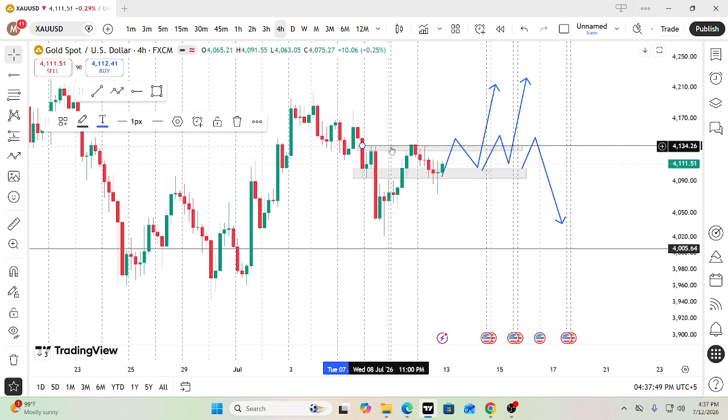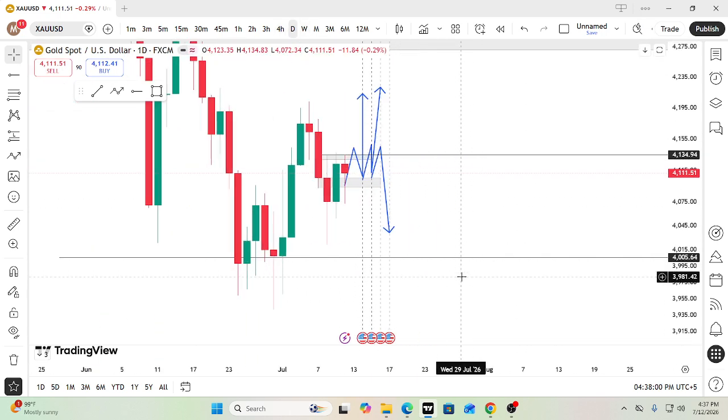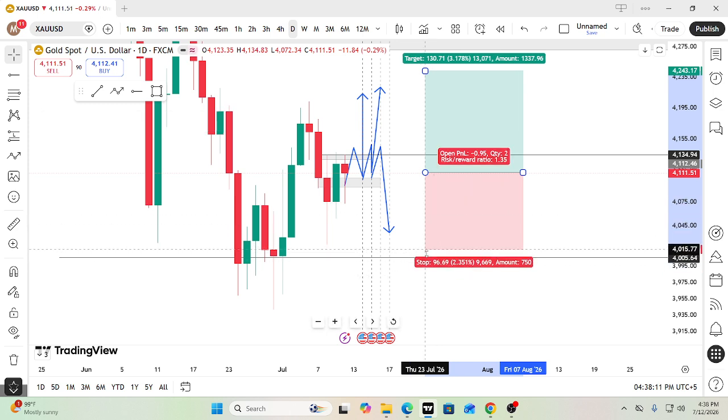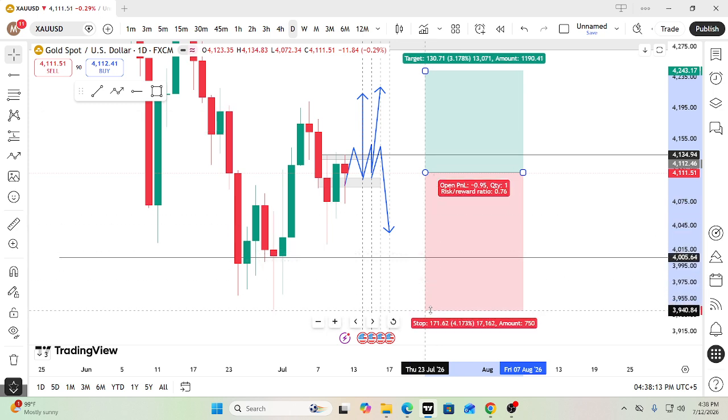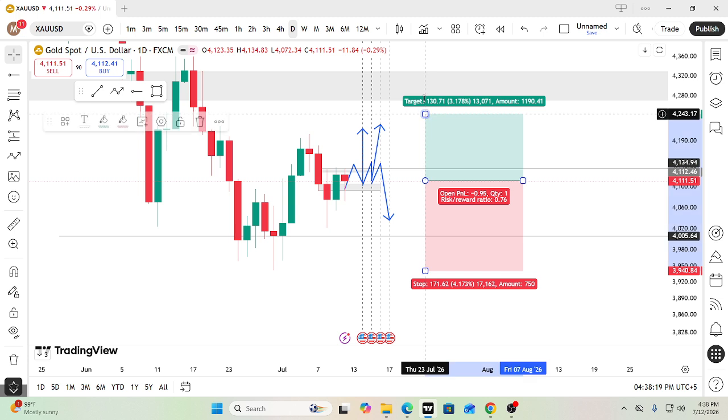Okay, so as I was discussing, I will give a trade. The trade is very simple. If you are looking for a trade, then from here you can buy gold, and your SL is below this low, which is 3941, and you can look for a 1:1 target.